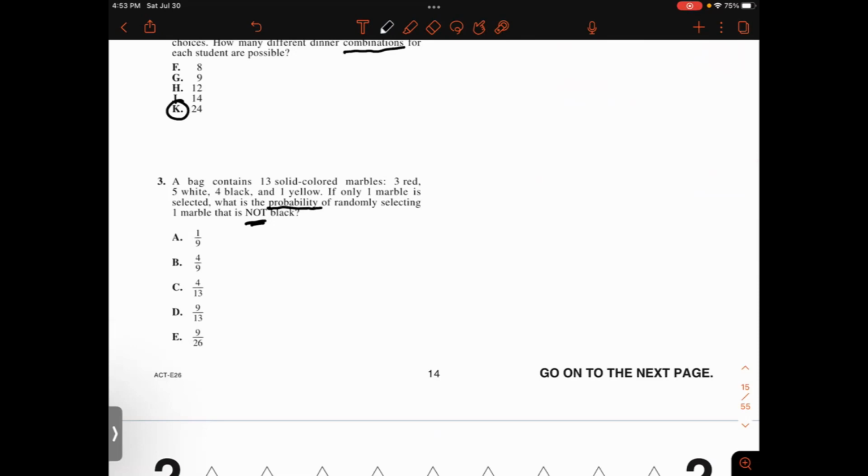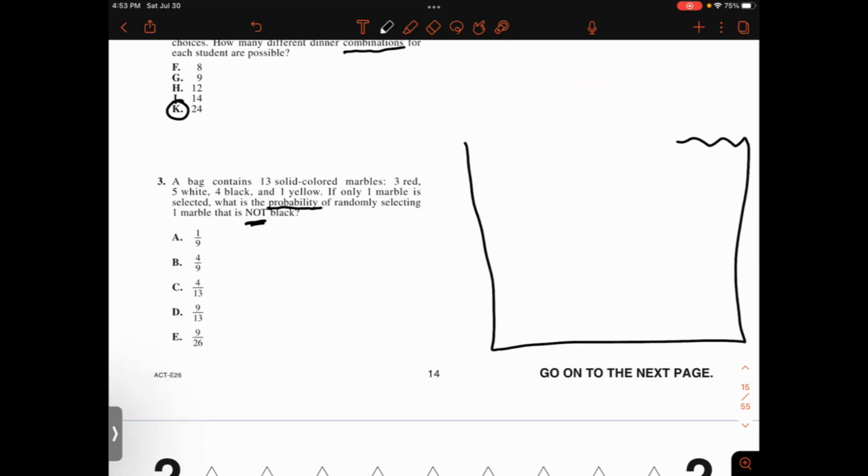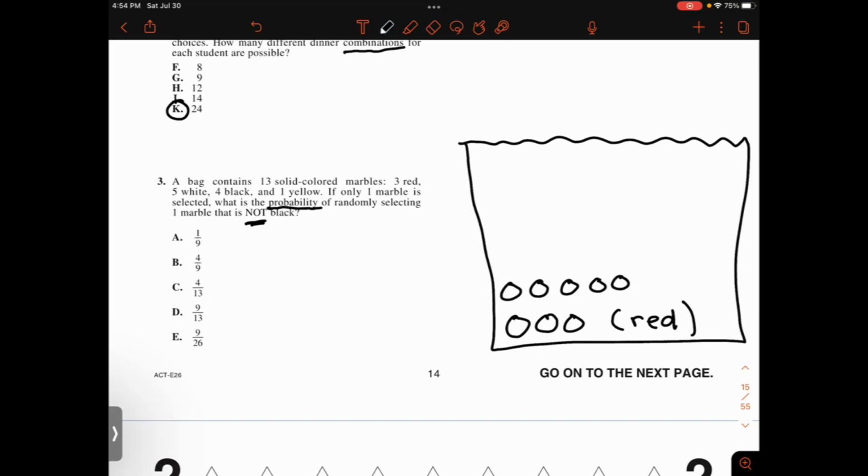So let's look at this one. Say we have the bag. So let me draw the bag. And inside this bag, there's 13 marbles. There's 3 red marbles, so I'm going to draw 3 marbles to represent red. 5 white marbles, so it's 1, 2, 3, 4, 5 white marbles. 4 black, 1, 2, 3, 4 black, and 1 yellow.